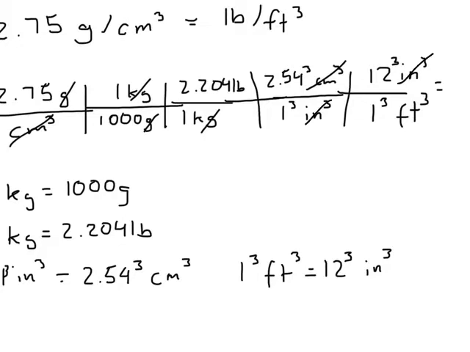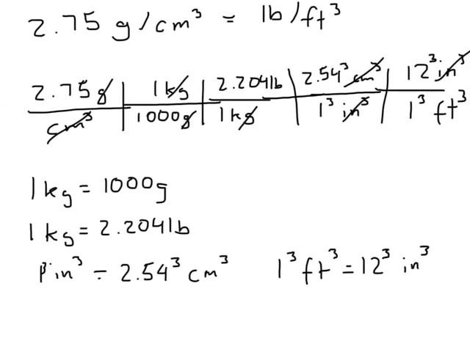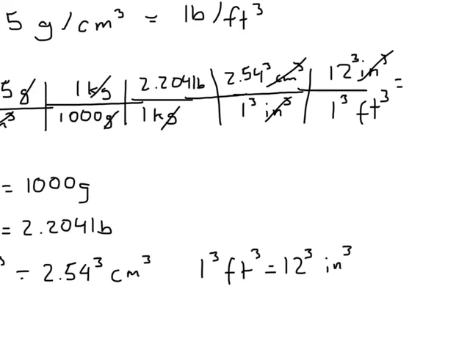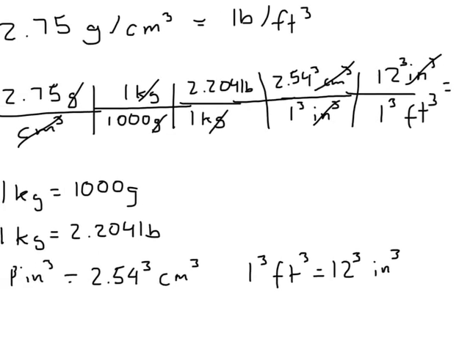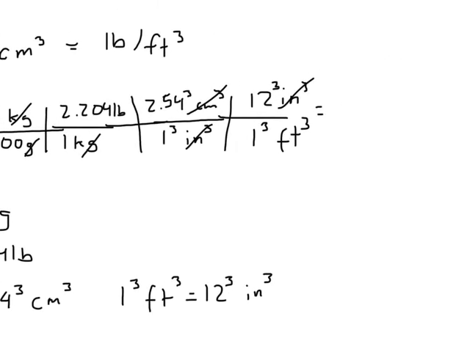Inches cubed cancels, and that leaves me, the units that are left are pounds over foot cubed. So what I need to enter into my calculator, 2.75 times 2.204 times 2.54 cubed times 12 cubed divided by 1,000. And so that gets me a final answer of 171.63 pounds per foot cubed.